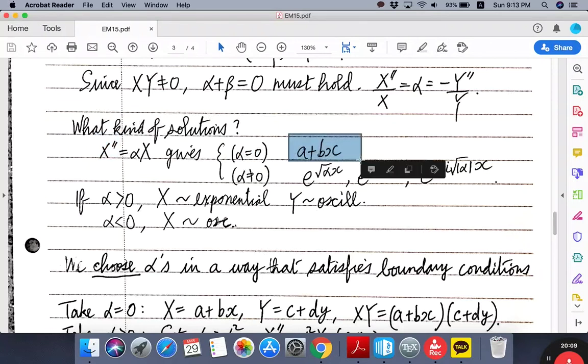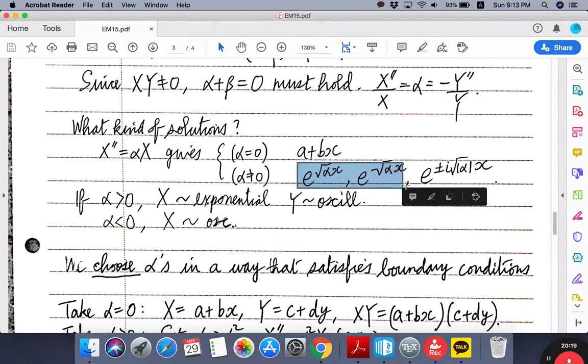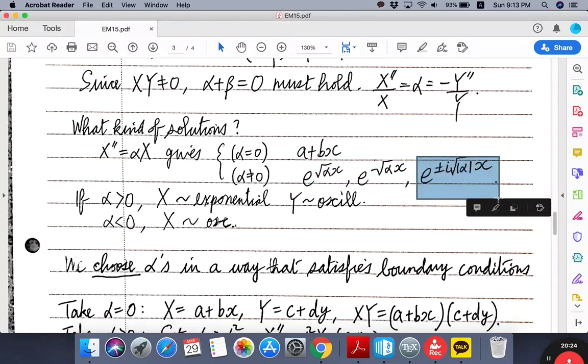It's a linear function. However, when alpha is non-zero, then depending on whether alpha is positive or negative, you can have either an exponential function or a harmonic function, sines and cosines. And the nature of the solution depends on whether this alpha is positive or negative.